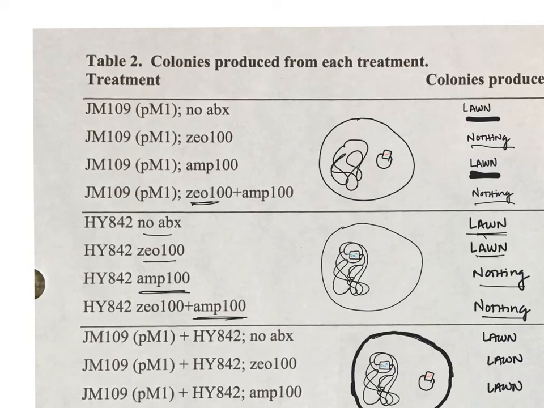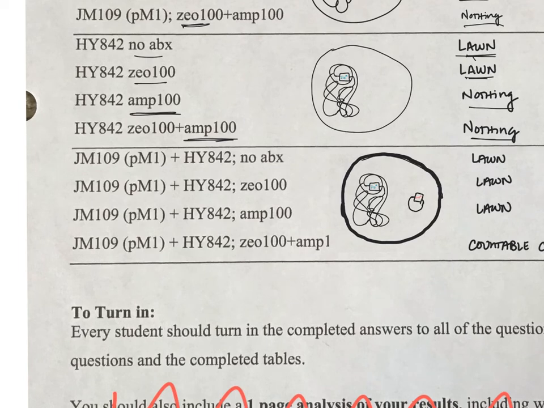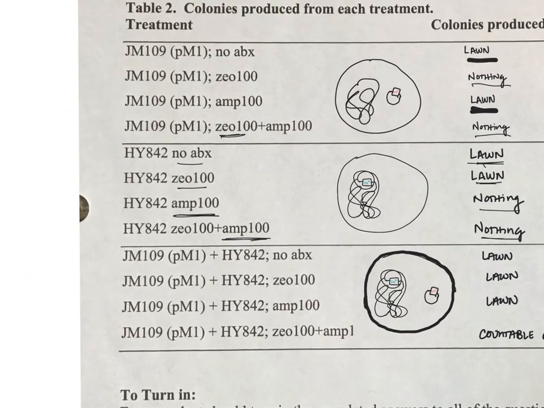All right, so in the final scenario, what we have again on the plate is both JM109 and HY842 as well as the transconjugates. So all I've drawn here are the transconjugates, which happen very rarely. So when we have no antibiotics present, nothing is being selected against, we should definitely see a lawn.